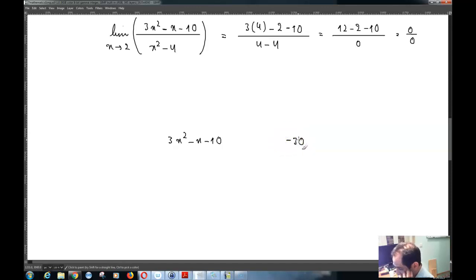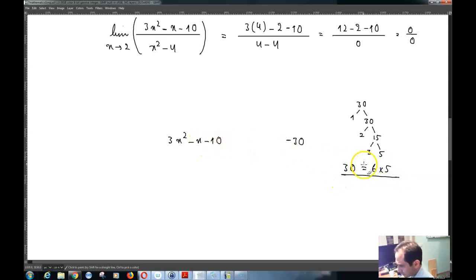And 30 can be written as 1 times 30 or 2 times 15. This is 3 times 5. So you can go for 6 and 5, meaning that 6 times 5 is equal to 30.